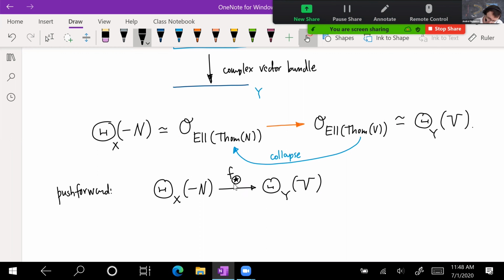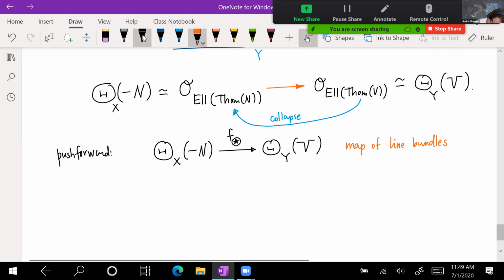But then you can twist both sides. This is a map of line bundles, and you can twist both sides by a line bundle. There's a tautological map.